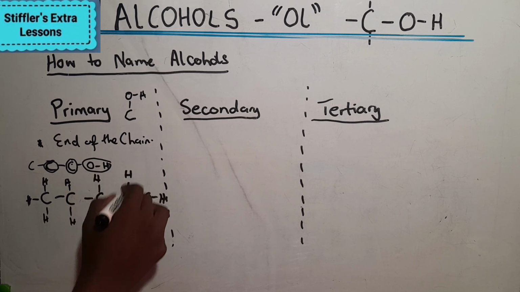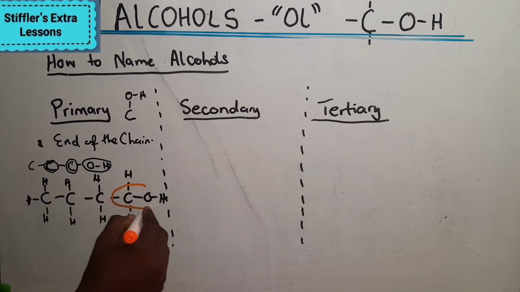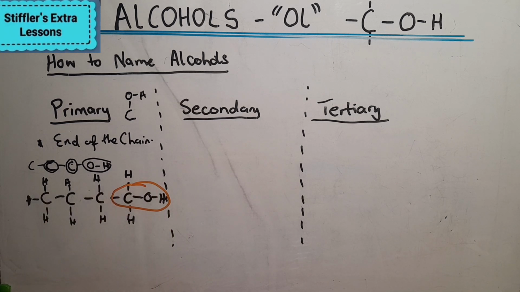Can you see that? So that's a primary alcohol. If you have the hydroxyl-carrying carbon at the end of the chain, then that's a primary alcohol.